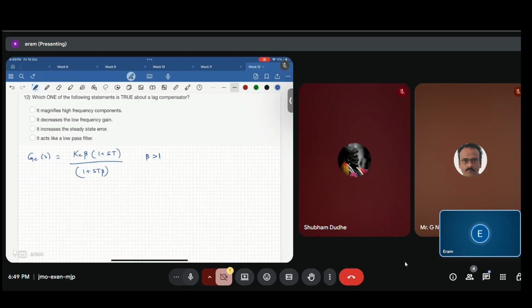So what does it do? Here the pole and zero locations are exchanged. Now you have a pole at minus 1 by beta T and a zero at minus 1 by T, because beta is greater than 1, so this will give you a lower magnitude pole location.